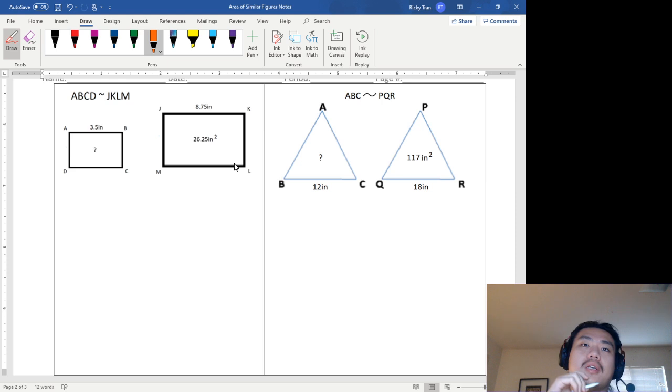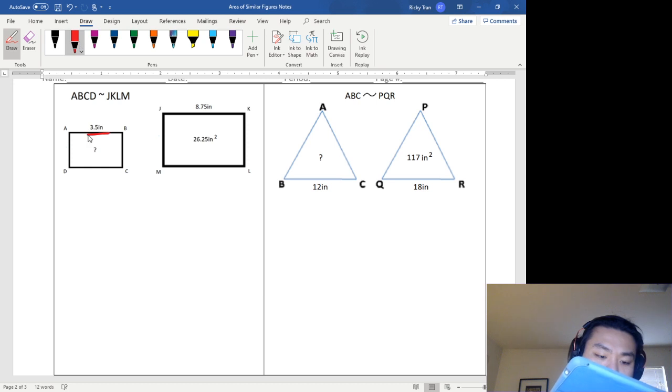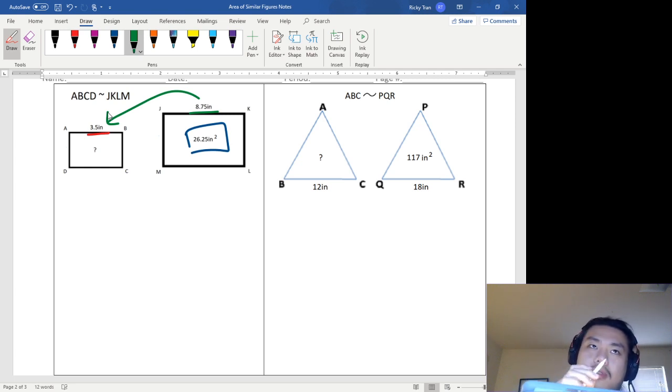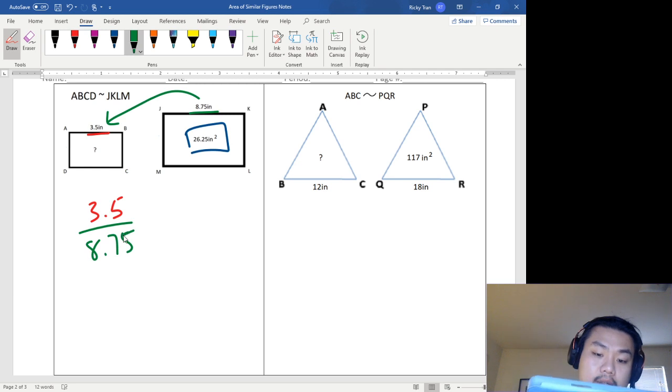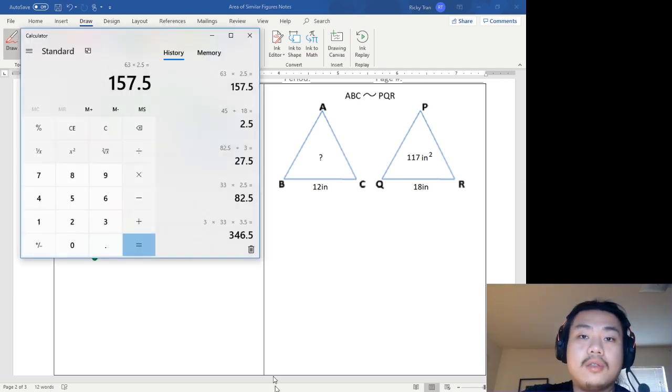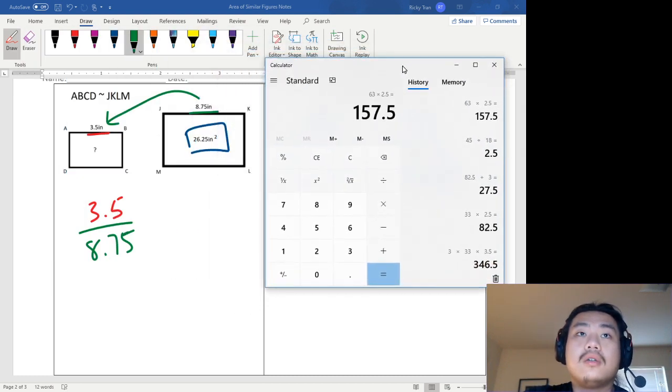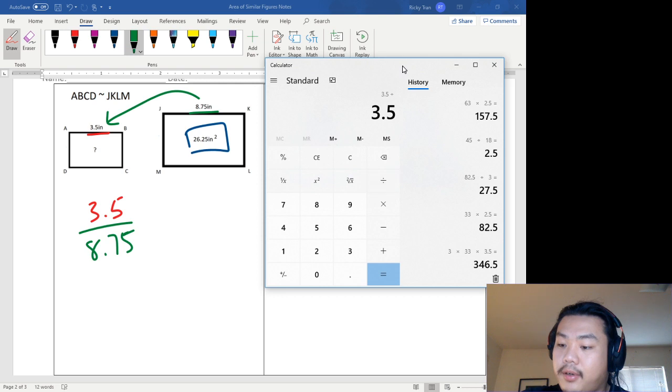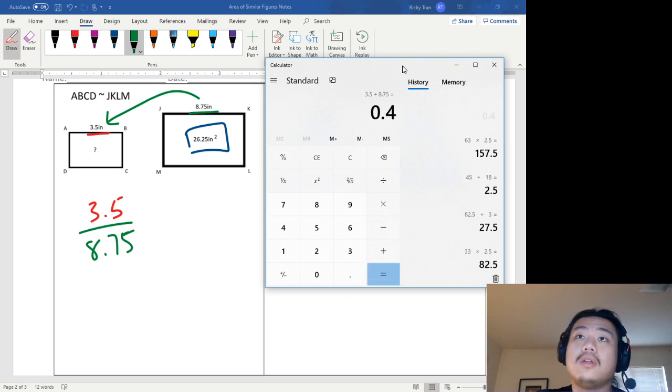Okay, so here, again, starting with our first, here's the area. It's going to go from the second shape to the first shape. So the first shape's number should be on top, and then at the bottom is 8.75. All right, and then we're going to just divide that. So into the calculator, 3.5 over 8.75. 0.4.